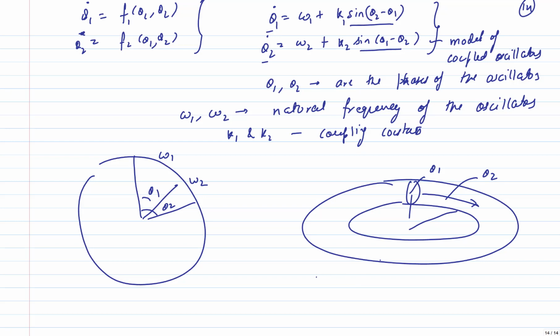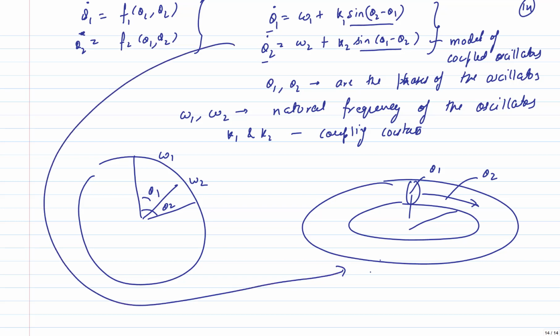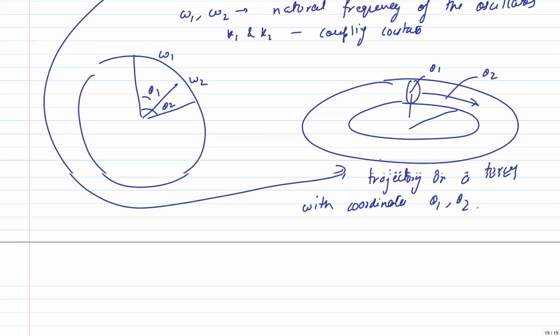So this motion can be represented as a trajectory on a torus with coordinates theta 1 and theta 2. And essentially our entire formalism follows from our previous example.